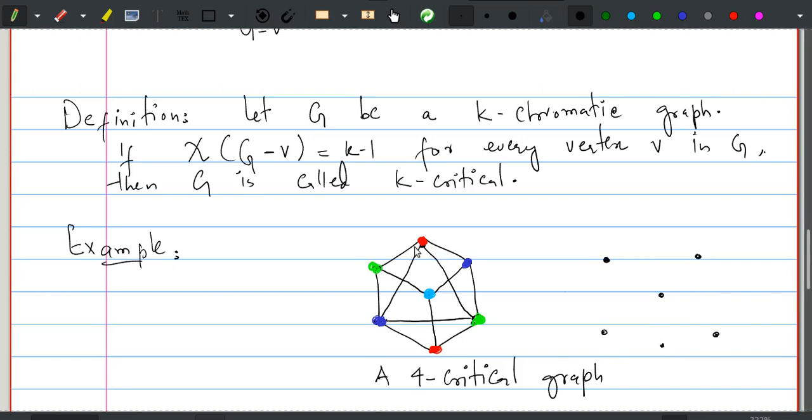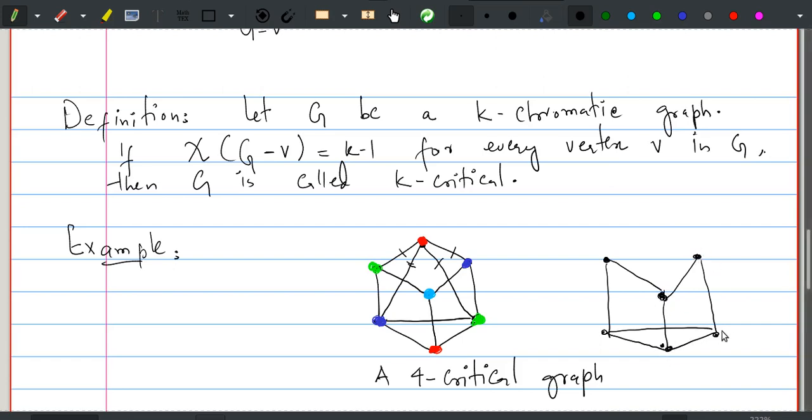We have removed this vertex, so these edges are gone, and we have these edges remaining.